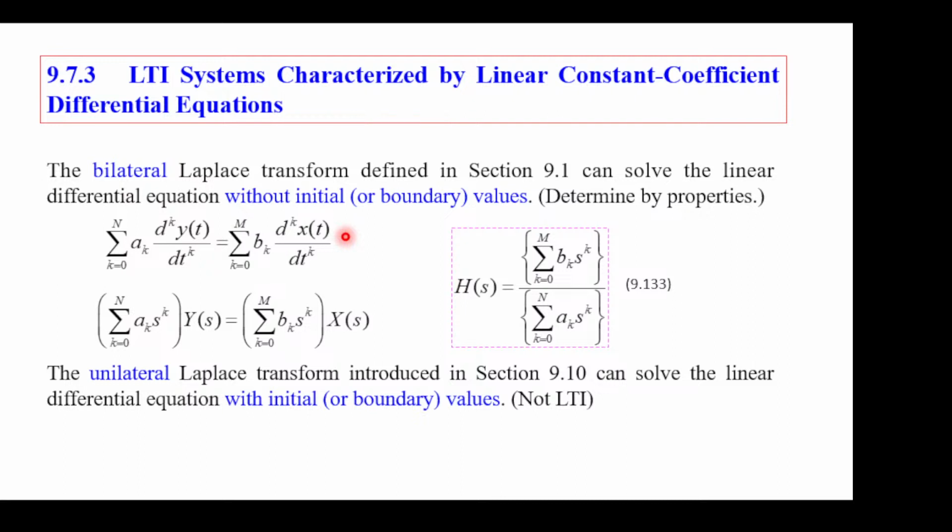But we probably don't have time today, so we will save the other part for next Tuesday. Hopefully we don't have Kirikan. Anyway, for now we will talk about using the bilateral Laplace transform to solve our differential equation.